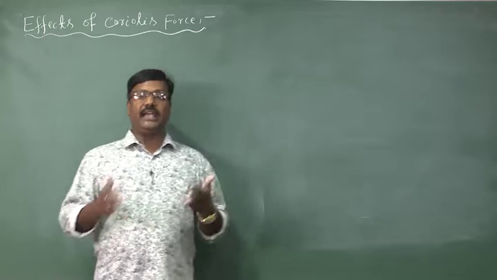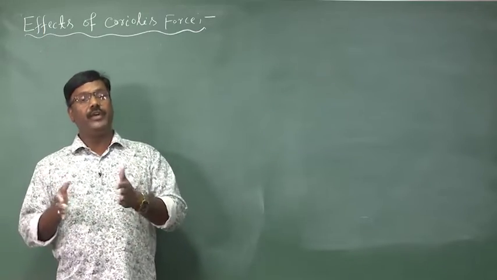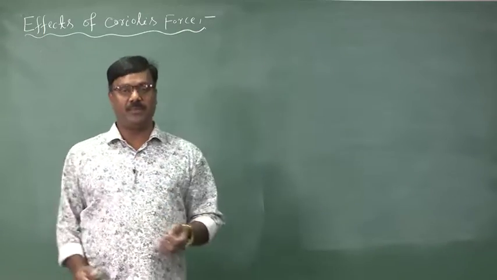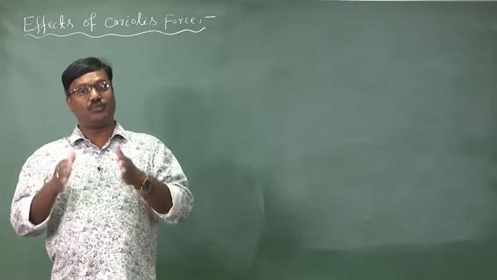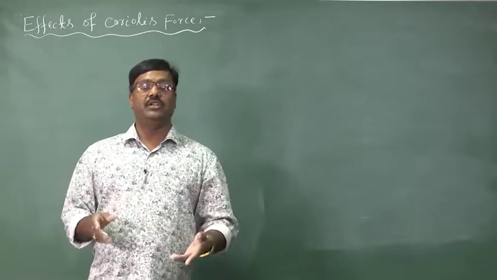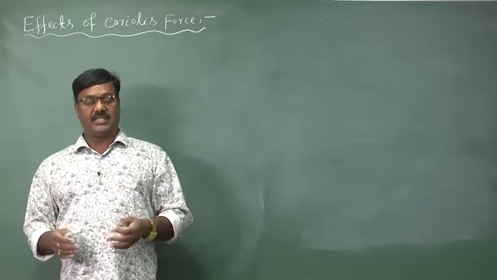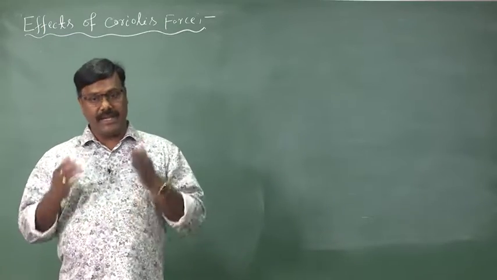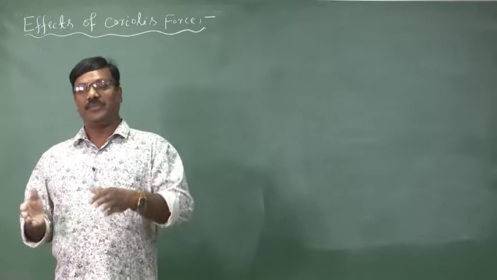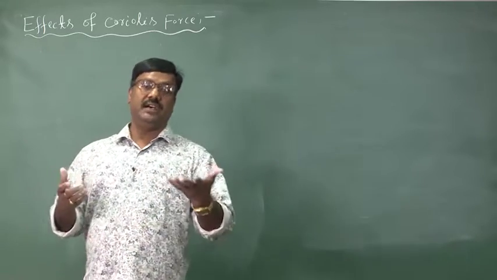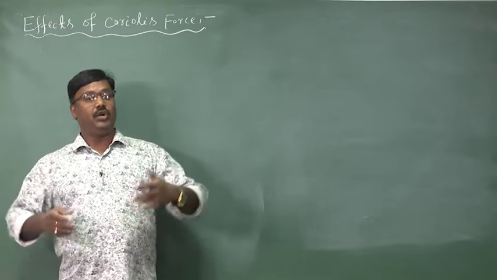But in case of rivers flowing in the southern hemisphere of earth, the rivers flow from east to west, so the river experiences a Coriolis force, and hence the path of the river bends towards its right, that is towards the west.